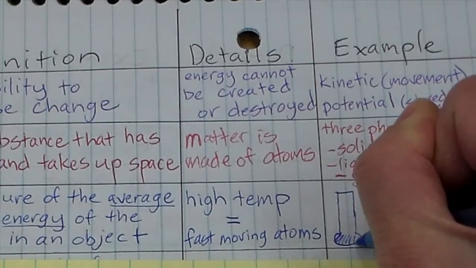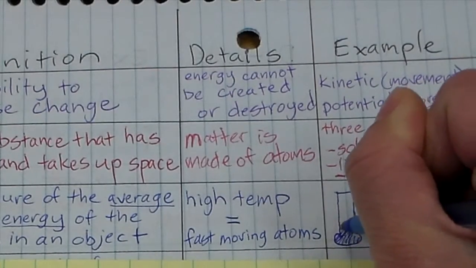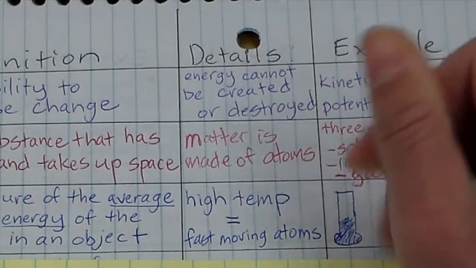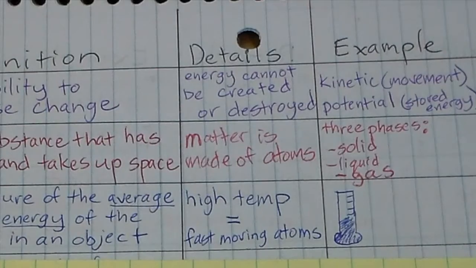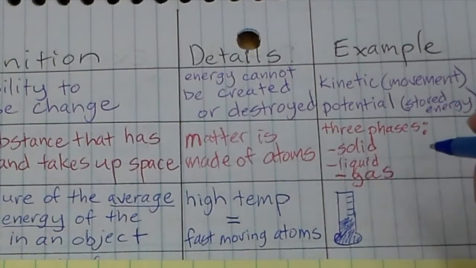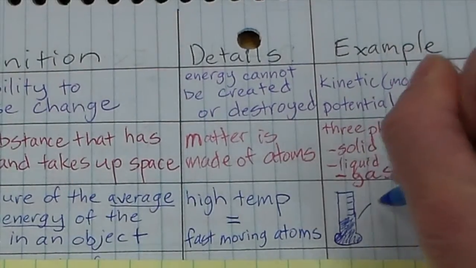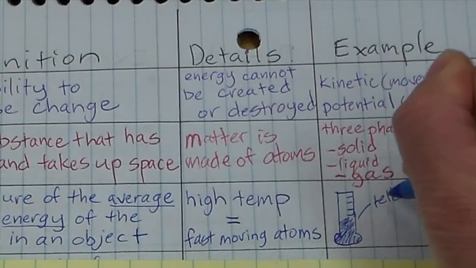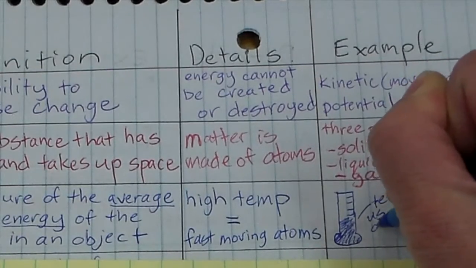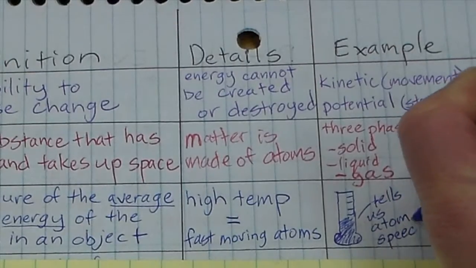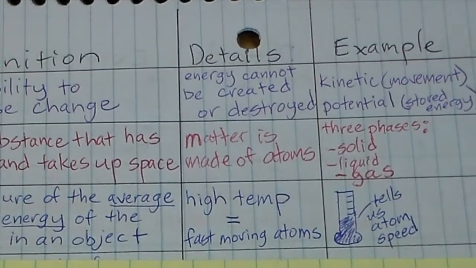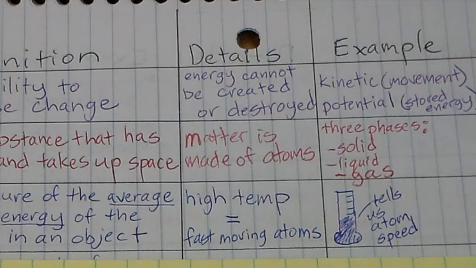And thermometers don't have mercury in them anymore. They're filled with a different kind of liquid. And we know that the temperature has little grid marks on it. And what we're going to write down here is that this tells us atom speed. So when you look at a thermometer, that thermometer is actually measuring the speed of the atoms.